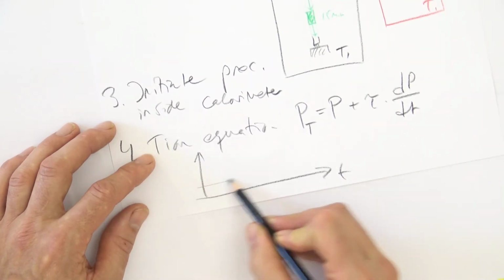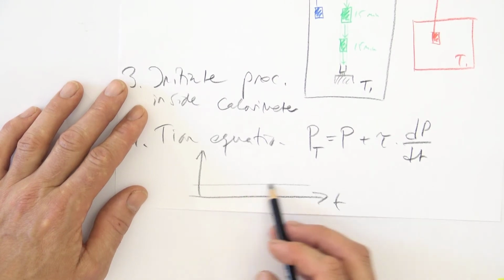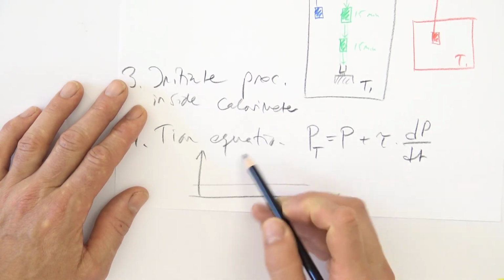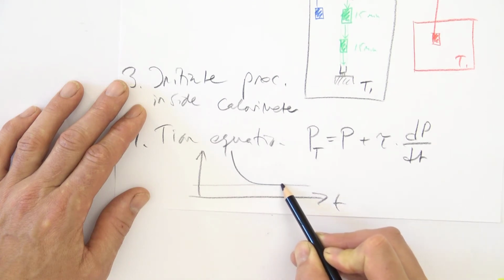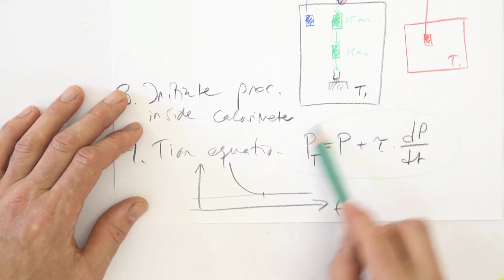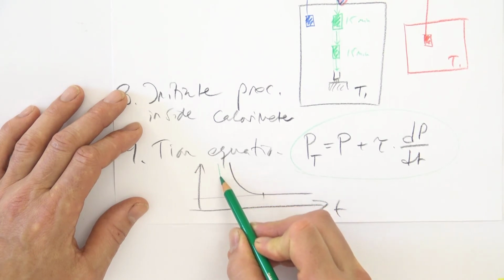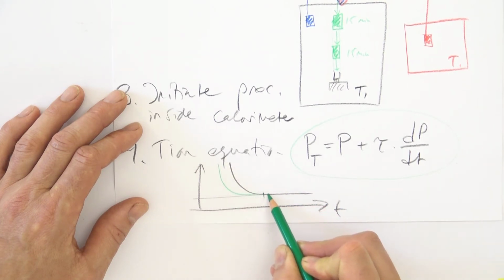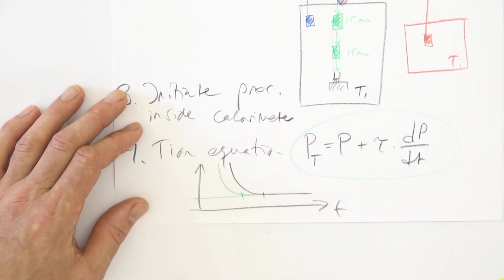Like this here, we have this isothermal power, let's say of the insects that we're studying, and the signal initial disturbance decays like this. So here we can measure the true thermal power. The Tian corrected curve will instead look something like this. So here we can measure the true thermal power slightly earlier.